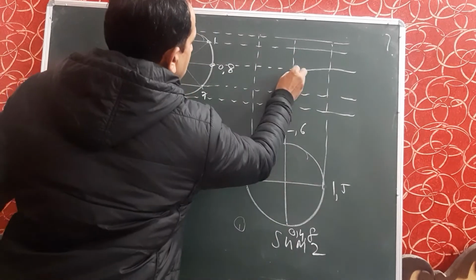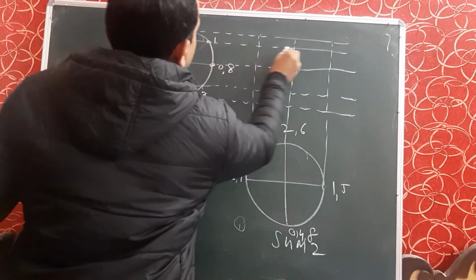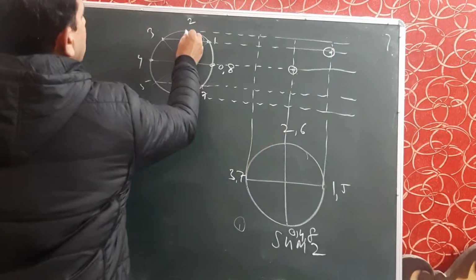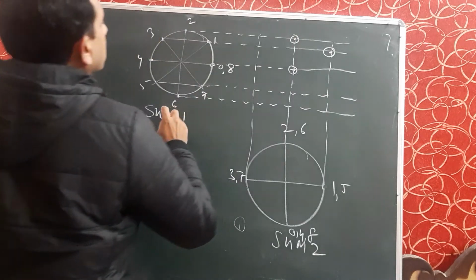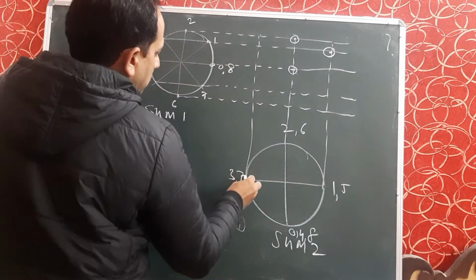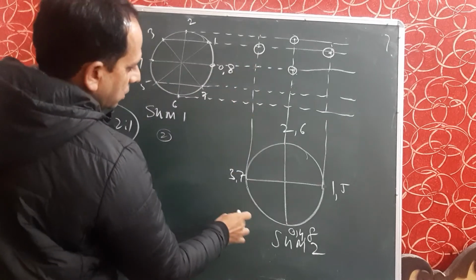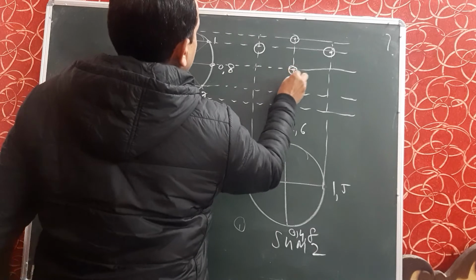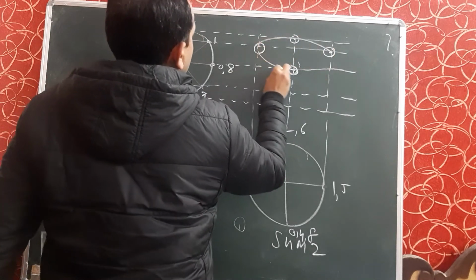The first is coinciding with this part. The second is matching, and this is second, and third, this is third. Fourth from here, and fourth from here. Again this fourth.